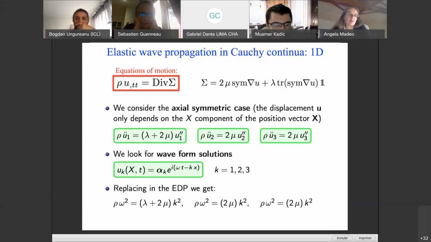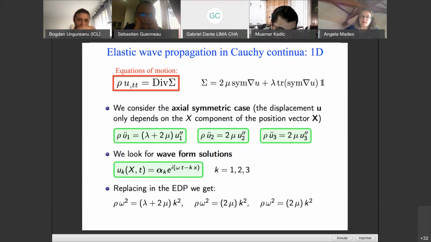So with this only hypothesis, our vector equation of motion simplifies into three scalar equations which are uncoupled. So for 1D it is a known result. For Cauchy continua, we have three uncoupled equations, one for longitudinal displacements U1 and two for the transverse waves.